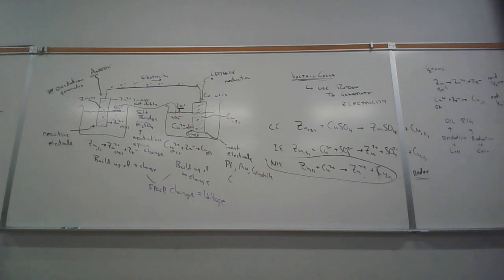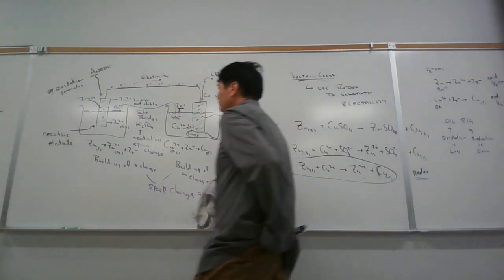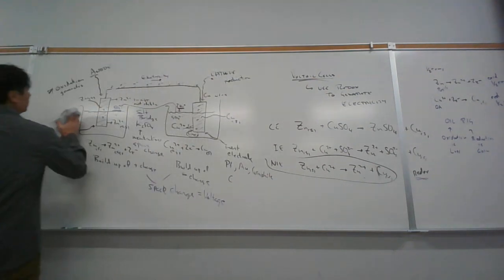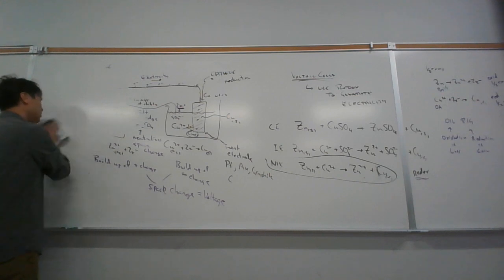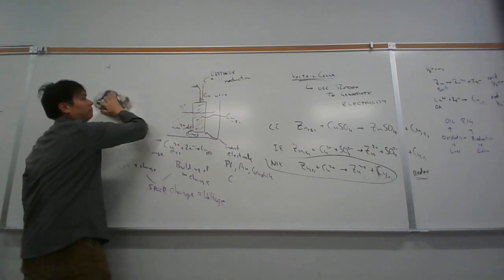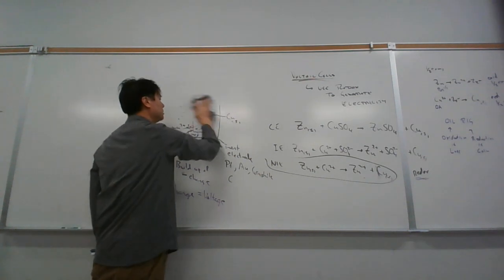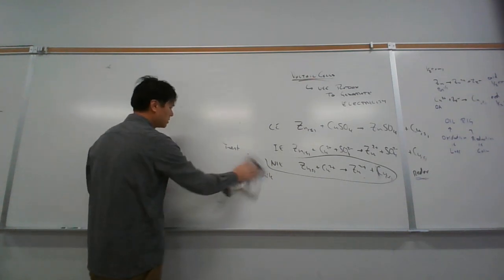But not only can we recharge the battery using an electrolytic cell, we can also generate reactive chemicals using an electrolytic cell. So let's take a look at electrolysis and electrolytic cells.